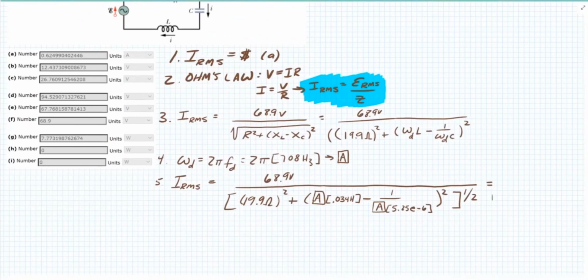All right. Quite the calculator workout. So I know my average current.